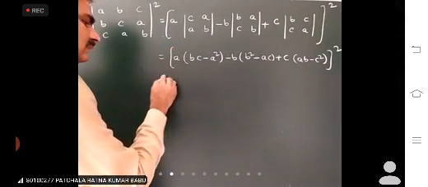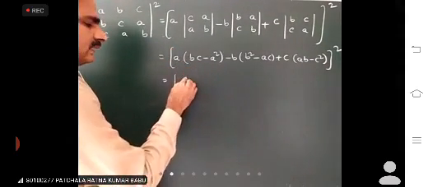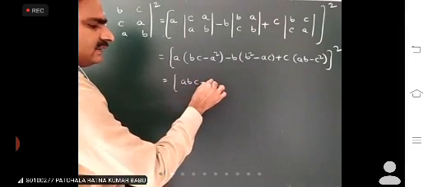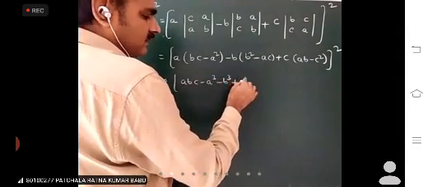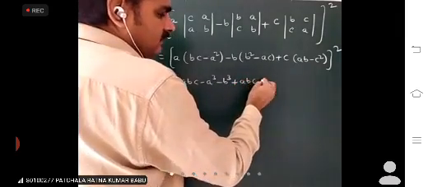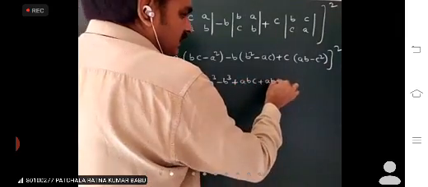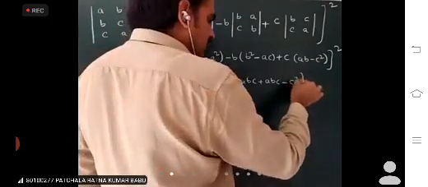Put square and the power. Okay. A multiplying with A, we get A into A square, A cube, minus B into B square, B cube, minus and minus plus B into AC, ABC, plus A into BC, ABC, minus C cube whole square. Okay.